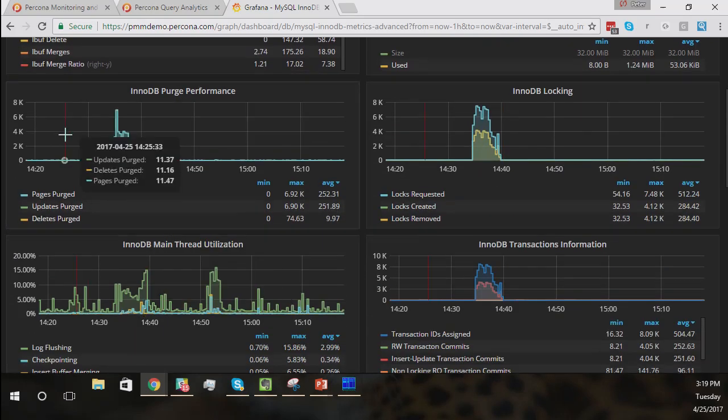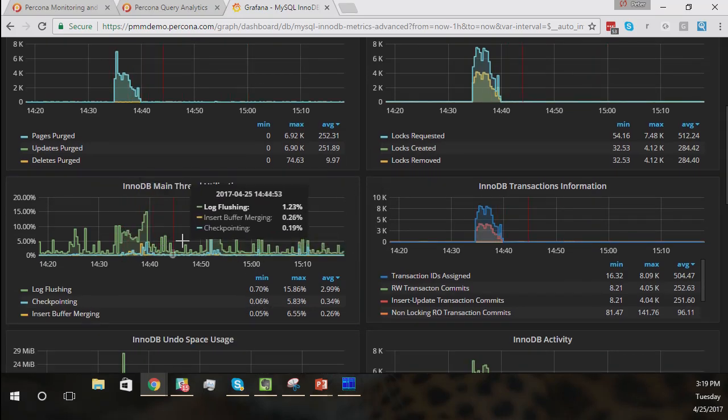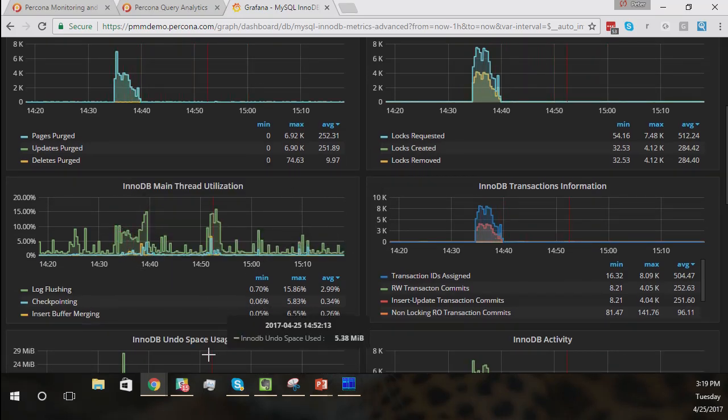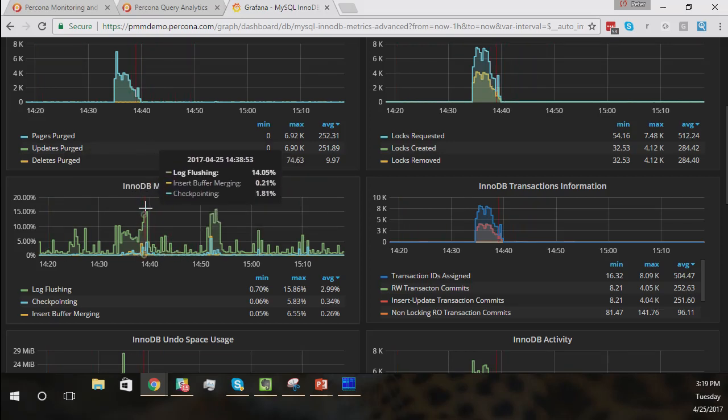We can take a look at how InnoDB purge is working, what exactly our InnoDB main thread is doing. Because InnoDB has a single main thread, you can think about to what extent that is busy. And you can see my main thread is busy up to 15% of the time.